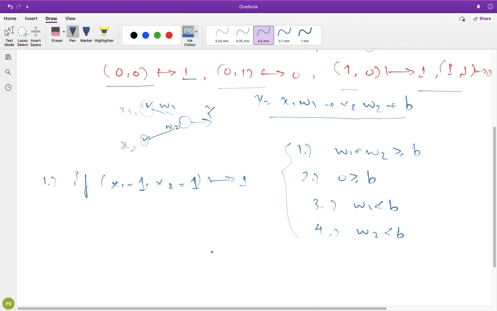Since x1 is 1 and x2 is 1, we get w1 plus w2.